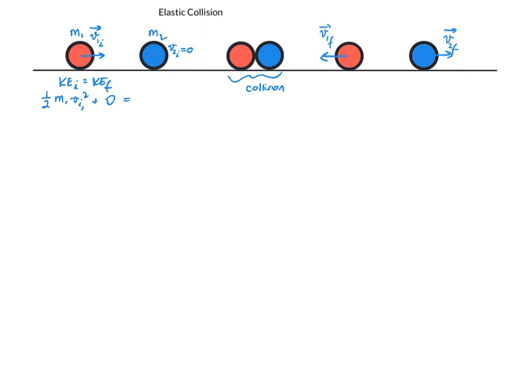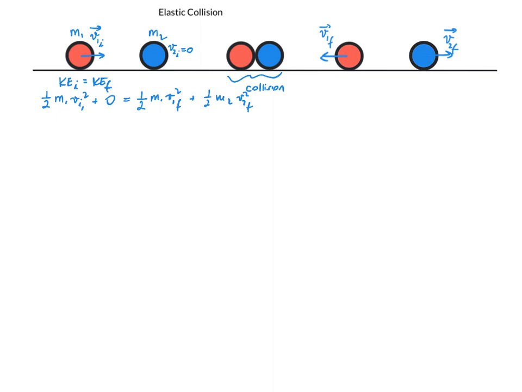That is equal to the kinetic energy of the first ball after the collision, so that's 1/2 m1 v1 final squared plus 1/2 m2 v2 final squared. So this would be our conservation of kinetic energy equation.